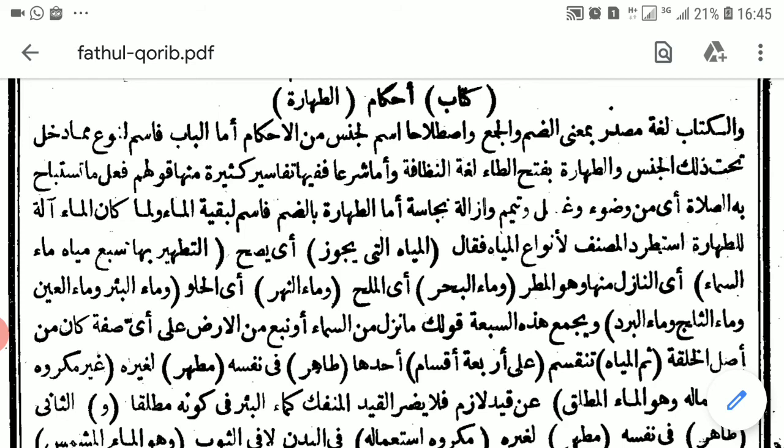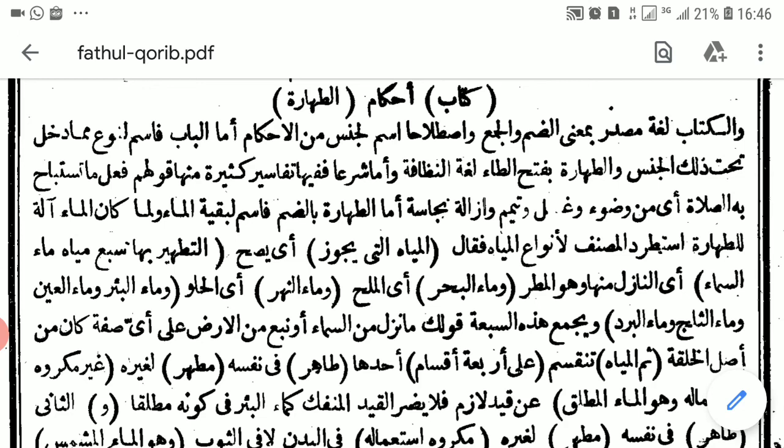Wal kitabu lughatan masdarun bima'na dhammi wal jam'i. Al kitabu literally is a masdar, which means gathering and collecting. Alright, masdar in English is just like gerund.